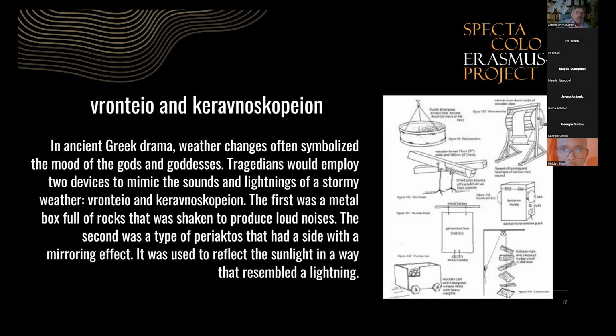For example, the machines that make thunder and wind and things like that. Here is a piece of lamarine, a piece of iron, very thin, that when they shake it, they make something like a thunder. And this one is for the wind.